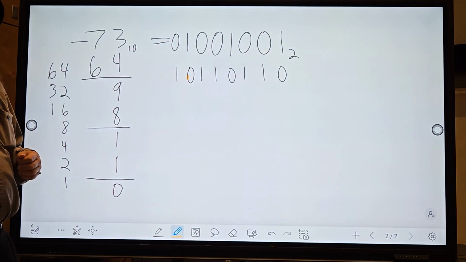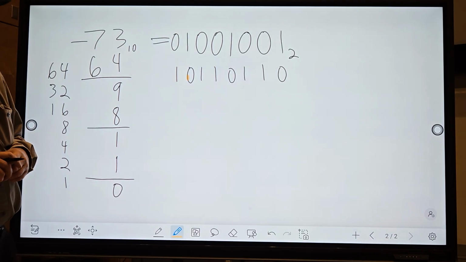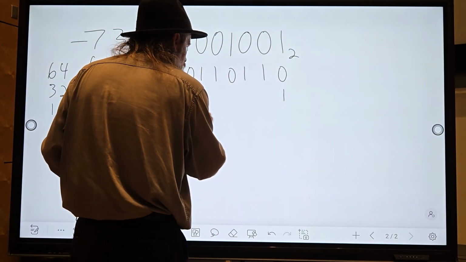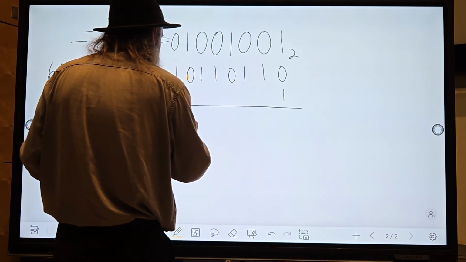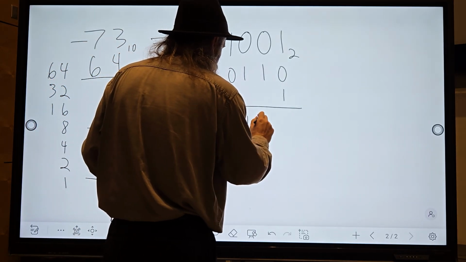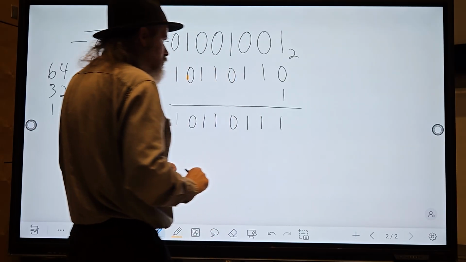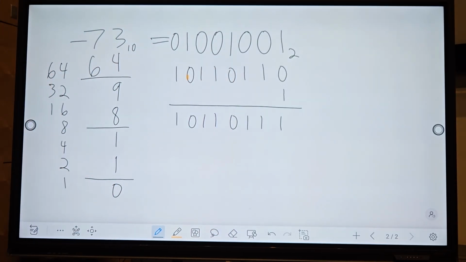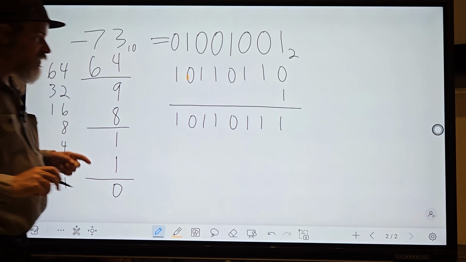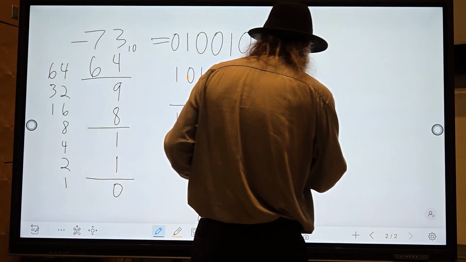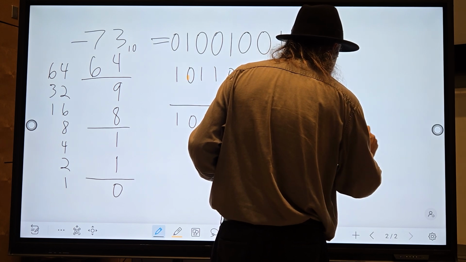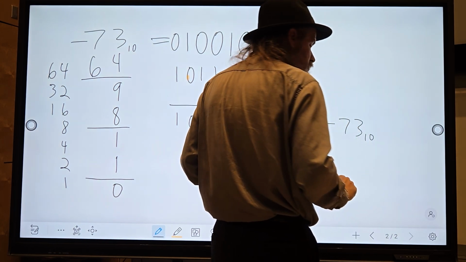And then you add 1 to it. So you add 1, and that gives you 1, 0, 1, 1, 0, 1, 1, 1. That is equal to negative 73 base 10.